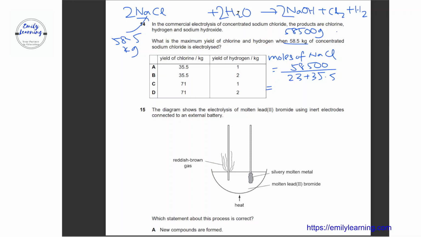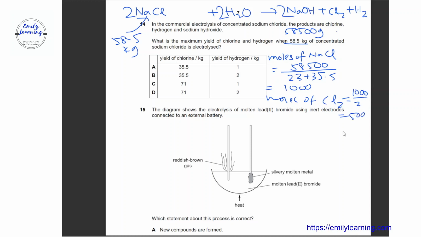That means there are 1000 moles of NaCl if 58.5 kg is all sodium chloride. Then from this equation, we know that 2 moles of NaCl will give 1 mole of Cl2. So the number of moles of Cl2 is 1000 divided by 2, which is 500.